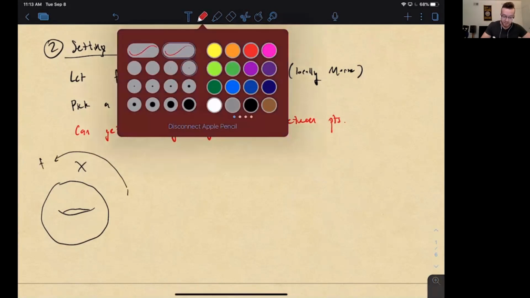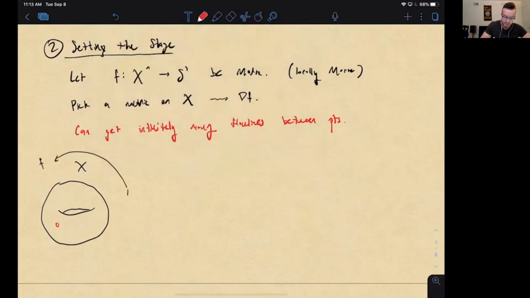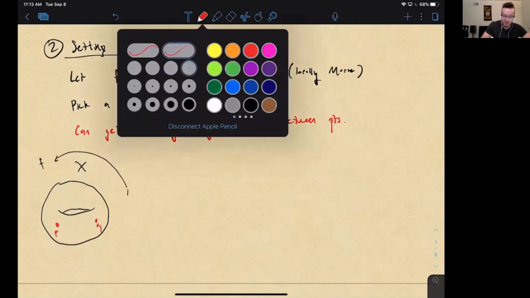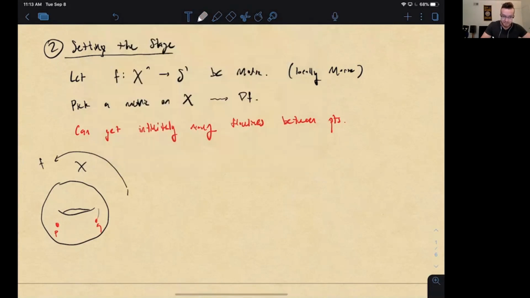The idea here is we could have two critical points, P and Q. And then maybe a flow line that goes like this. A flow line that wraps around 75 times or something. A flow line that wraps around a gazillion times. In general, between any two critical points, we could actually have infinitely many flow lines.